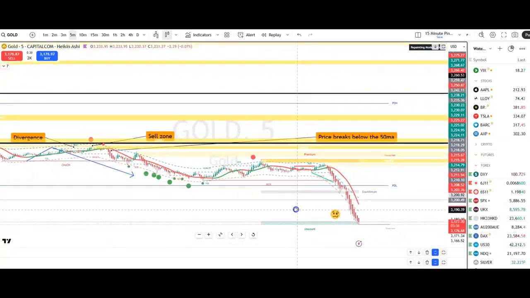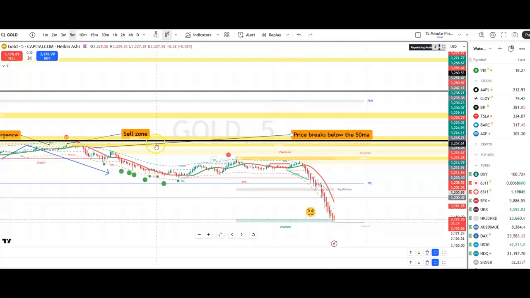Once that happens, all you're waiting for is the price to move above the 50. This is the 50 moving average. So the price is going to find its feet somewhere around here, and then it's going to move up and up and up, and then it's going to break, and then you can use this as a target here back to 32.15. Remember that 32.15 was the support earlier today.